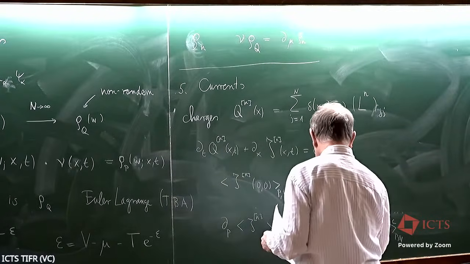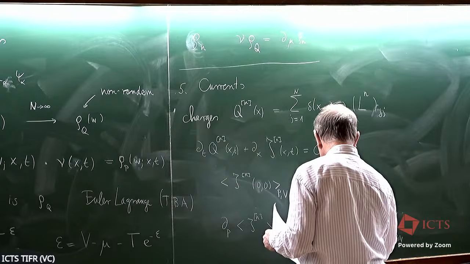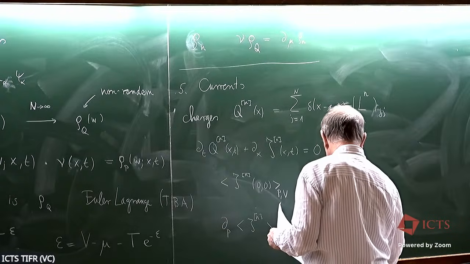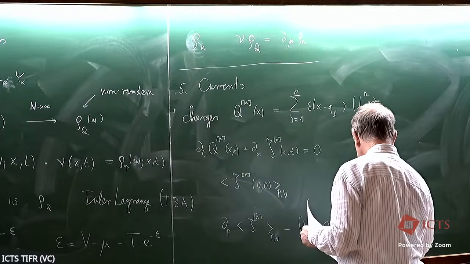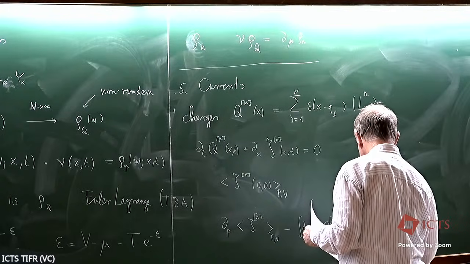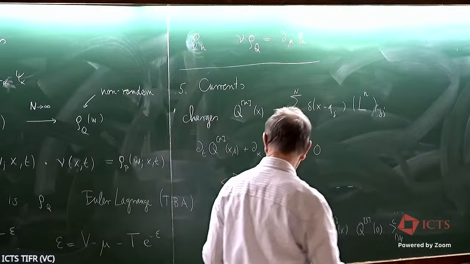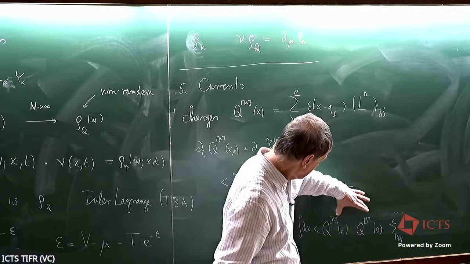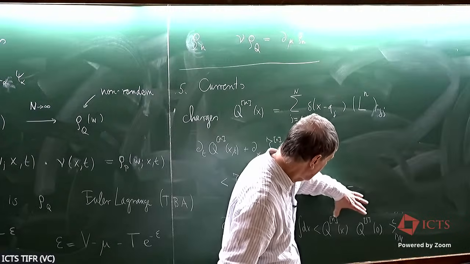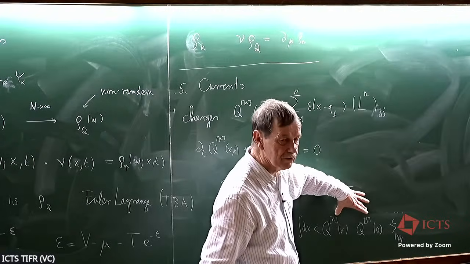And here I have the Q_n of x and then here the Q_1 at 0. So you see, this is telling you that this derivative is related to the fluctuations, or to the correlator of the conserved charges.